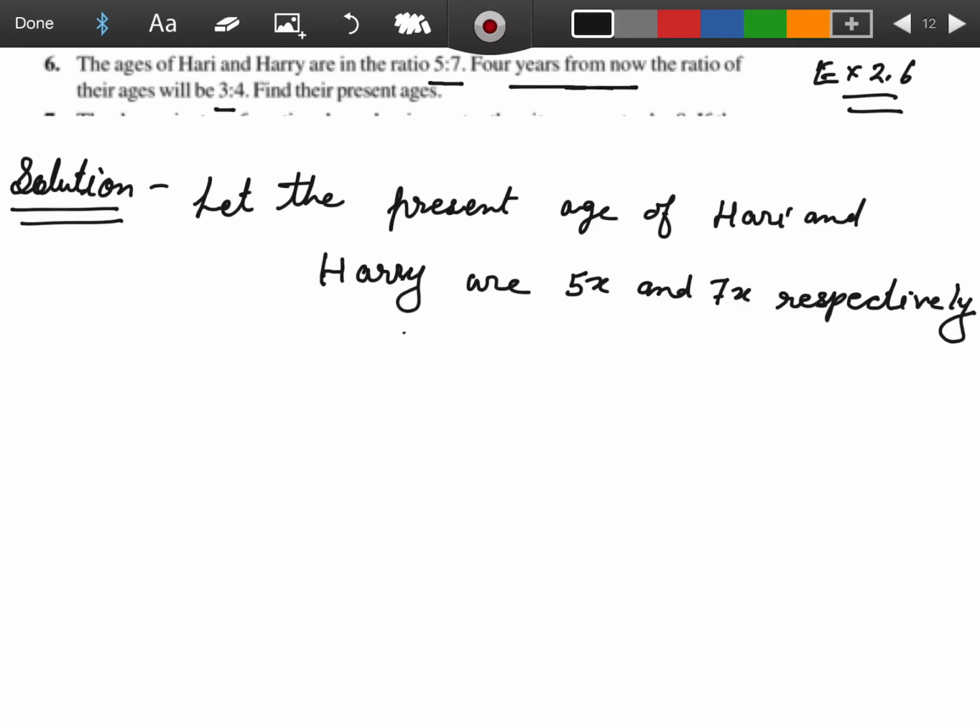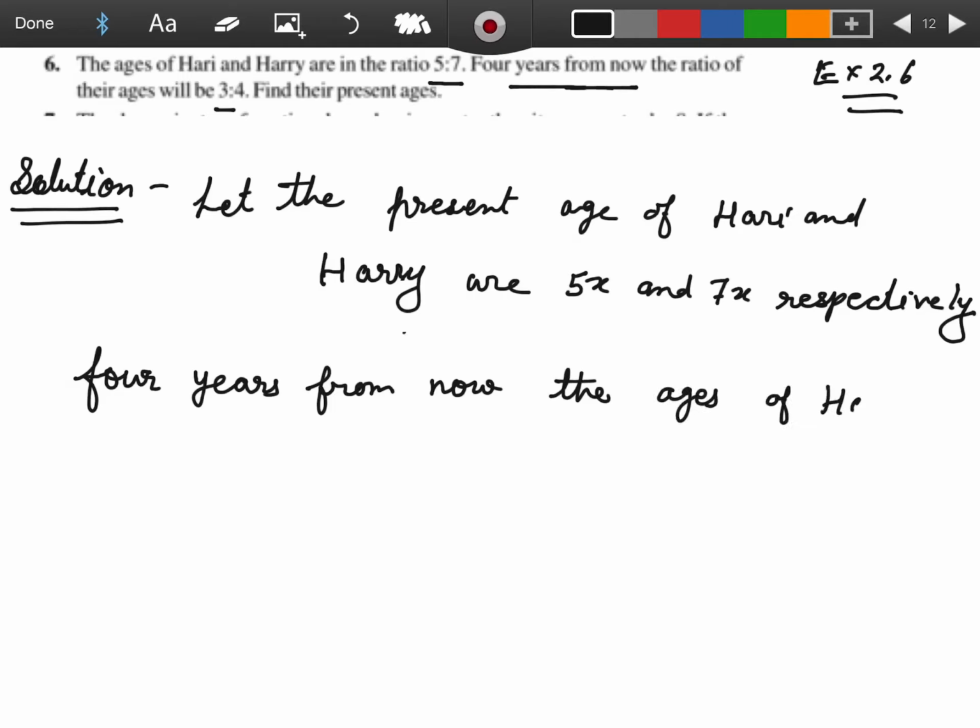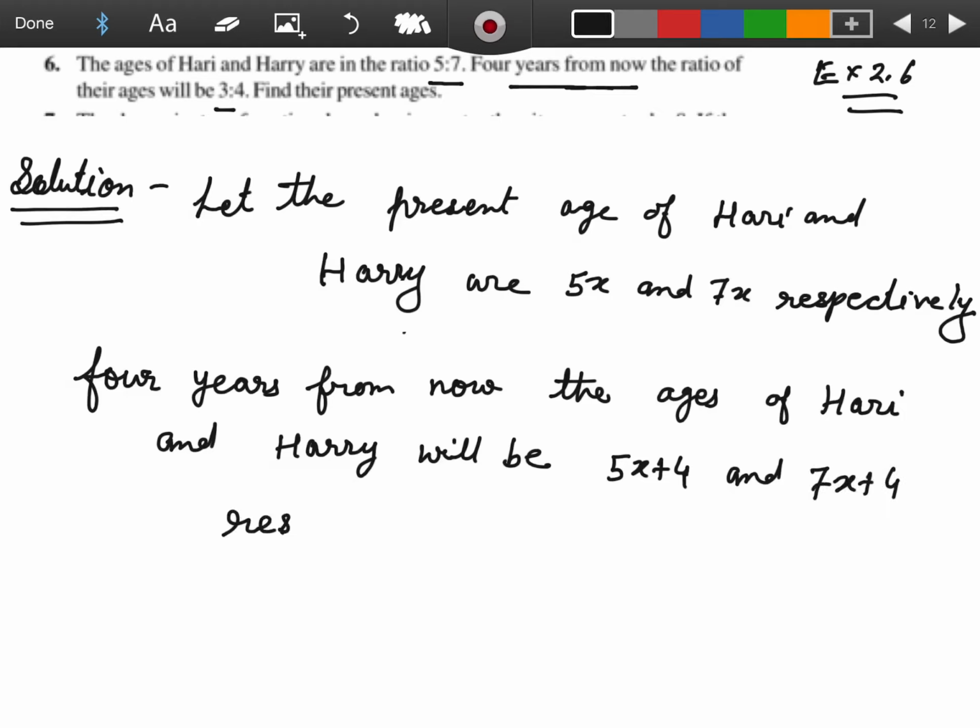Now 4 years from now, or after 4 years, the ages of Hari and Harry will be 5x plus 4 and 7x plus 4 respectively.